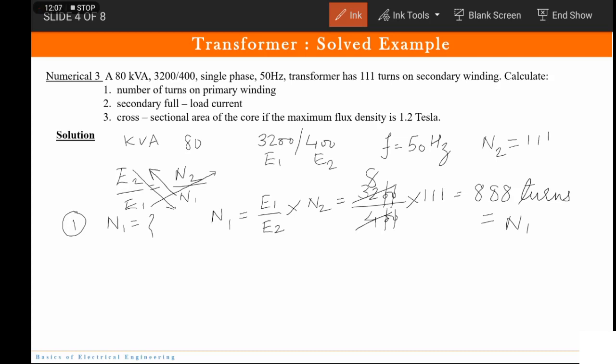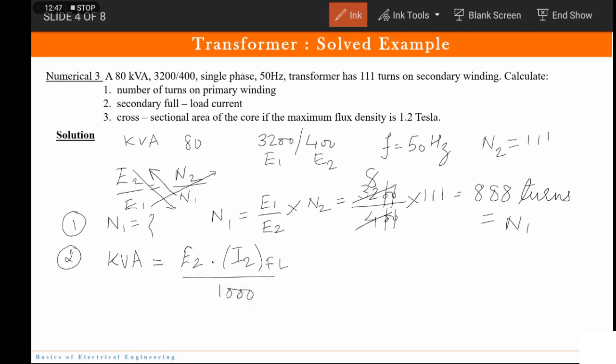Fine. So let us see what is the second point. It says secondary full load current. Okay. So how do we find out secondary full load current? For that, we need to understand the kVA full load. Again in the last numerical, we had written the equation for this. If it is kVA, then it is given by E2 into I2 full load, and since it is kVA, it has to be divided by 1000.